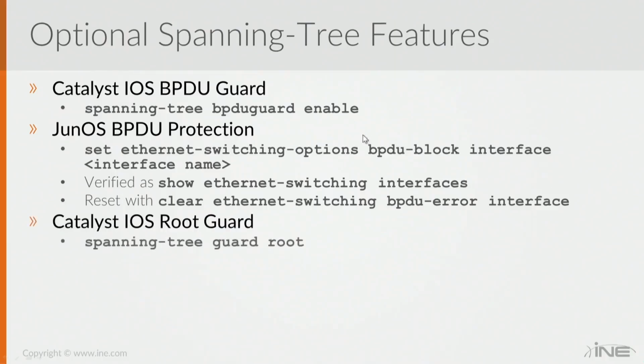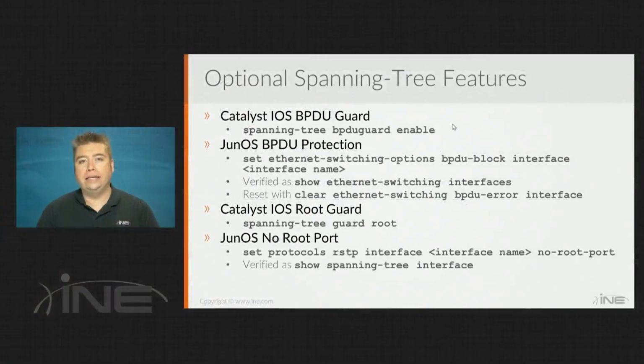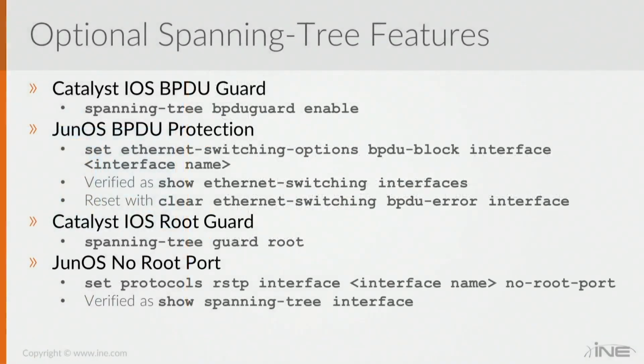Okay, we also have spanning tree root guard, which is a subset of BPDU guard in the Catalyst world, or a subset of BPDU protection in JunOS. It says I'm allowing spanning tree messages to come in, but if it's a superior BPDU advertisement, so someone is claiming themselves as the root bridge, then I'm going to disable the port and put it into an inconsistent state. In Catalyst, this is spanning-tree guard root at the link level.